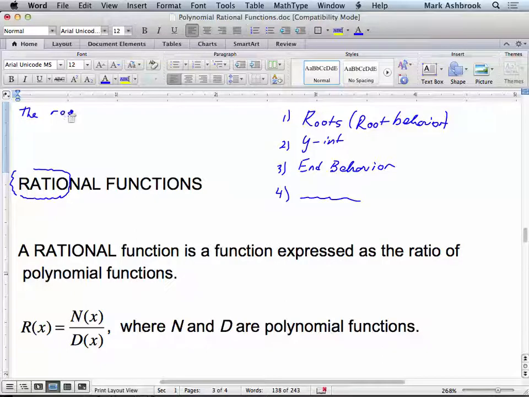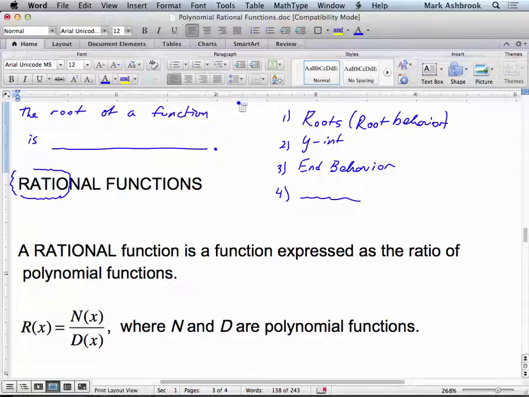you should all be able to write out a short definition of what a root is. The root of a function is, whether it's a polynomial or any kind of function, the root of a function is, okay, so that x-intercept is not the definition of a root. That's another way to say a root. Okay, so that's the graphing way to say a root.